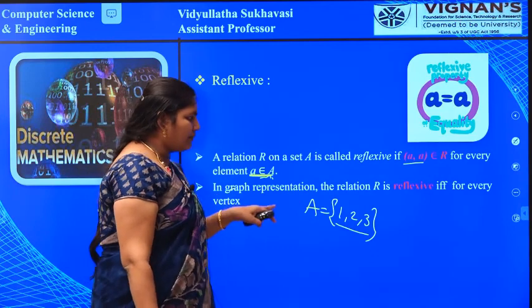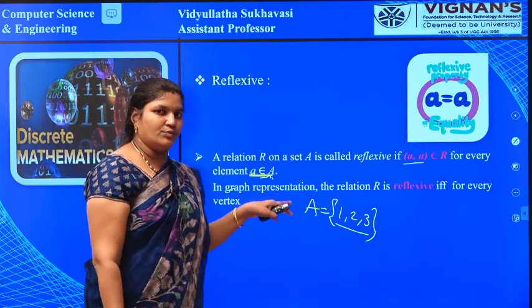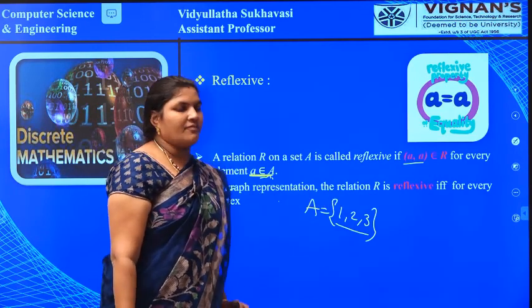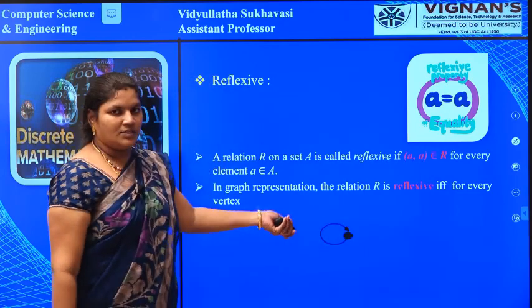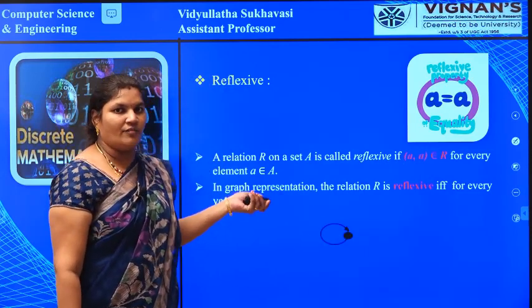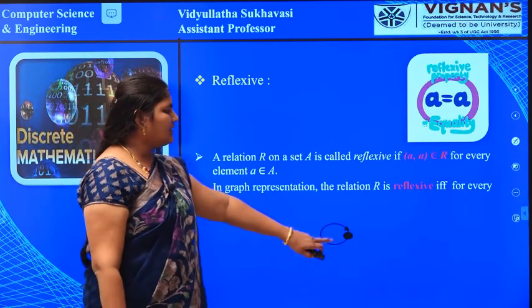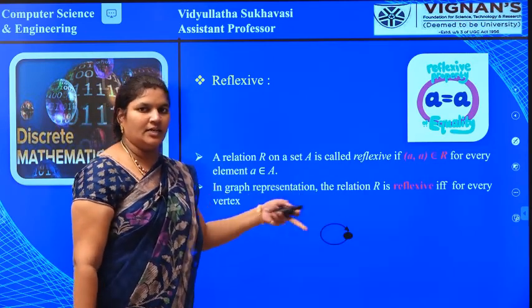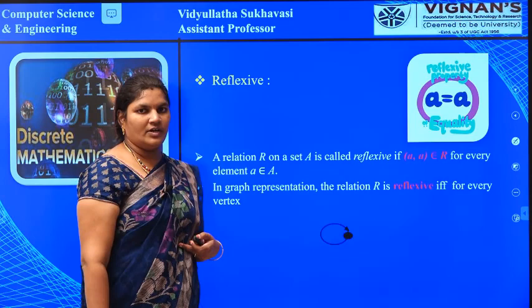And the graphical representation which we are going to use to represent the reflexive is the loop form. We will discuss these representations in detail in the representation of relations.